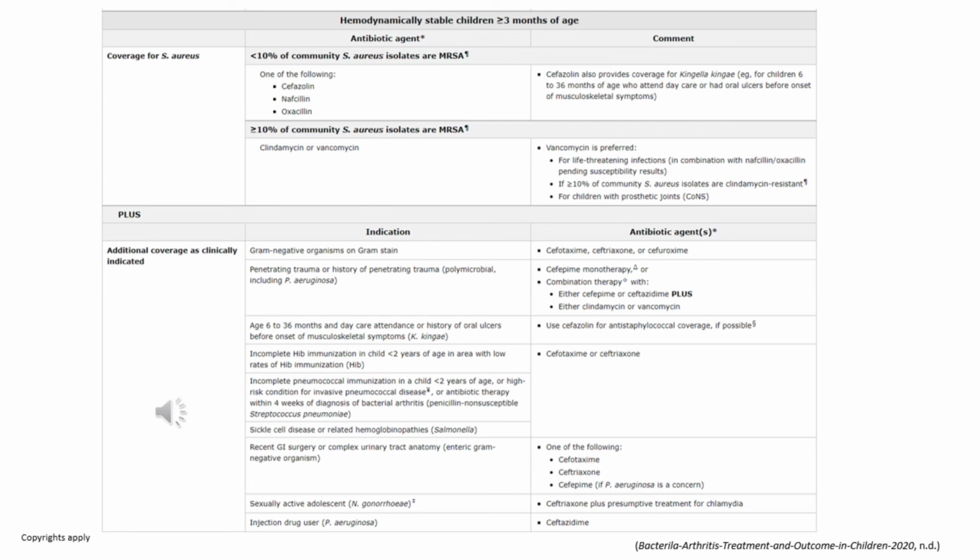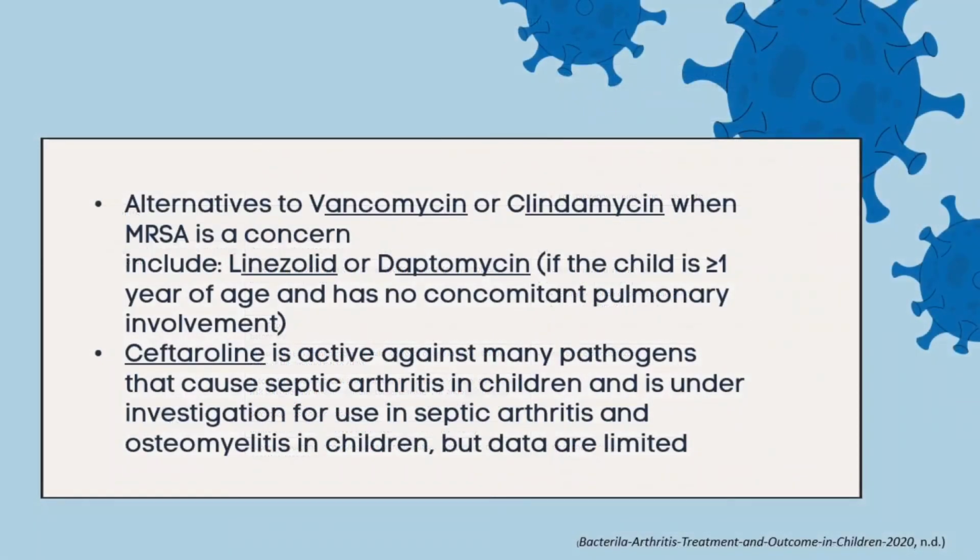For sexually active adolescents, Neisseria gonorrhoeae is most likely the causative agent. Ceftriaxone plus presumptive treatment for chlamydia. For injection drug users, P. aeruginosa is most likely the pathogen. Use ceftazidime.